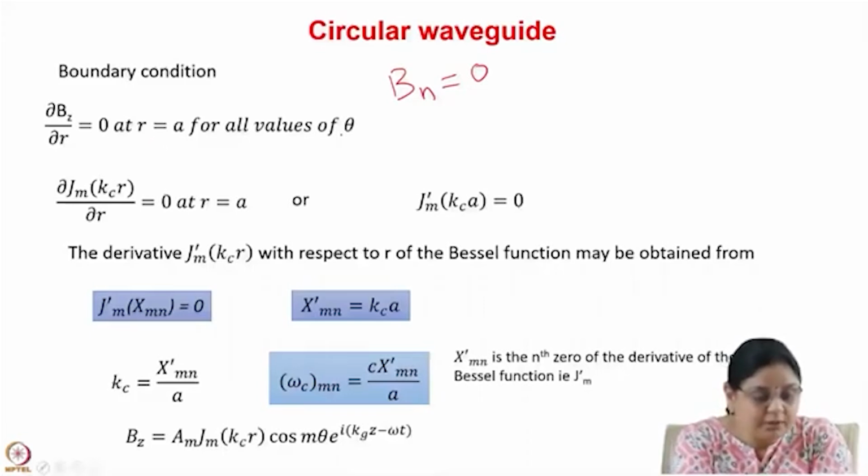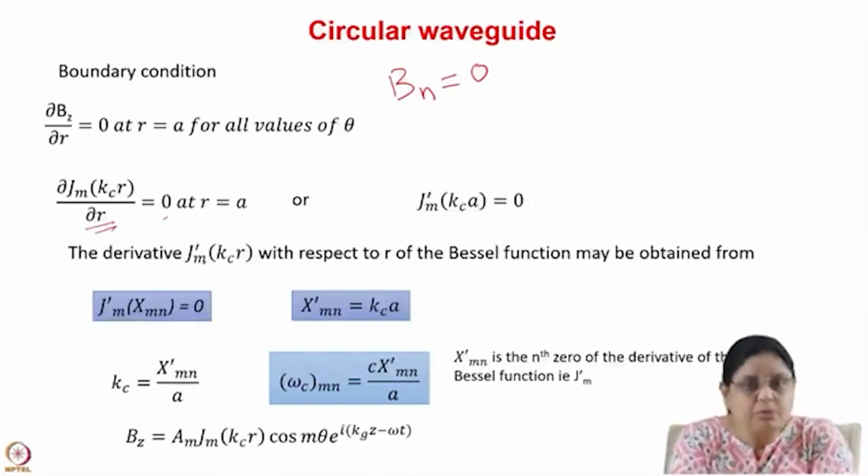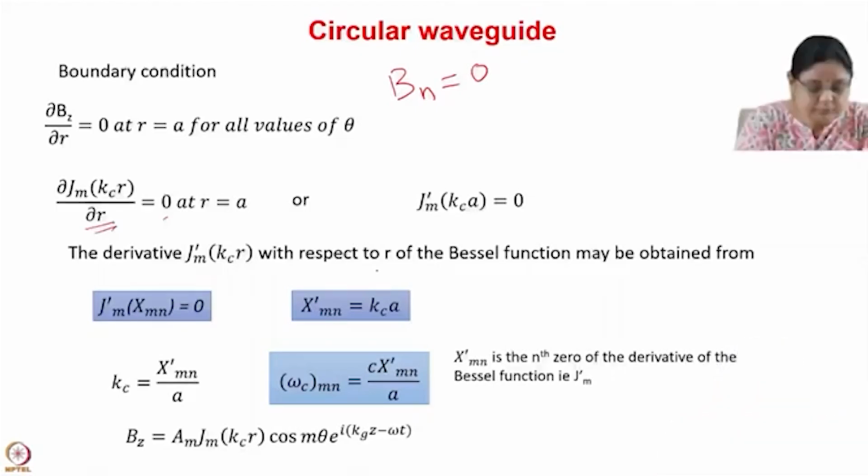We know the solution is of the form of a Bessel function, so we have to differentiate the Bessel function with respect to r, and that is equal to 0 at r equal to a. In other words, Jm prime of Kc a is equal to 0. So Jm prime is what? It is the derivative of the Bessel function with respect to r. Again, you can get these values from tables.